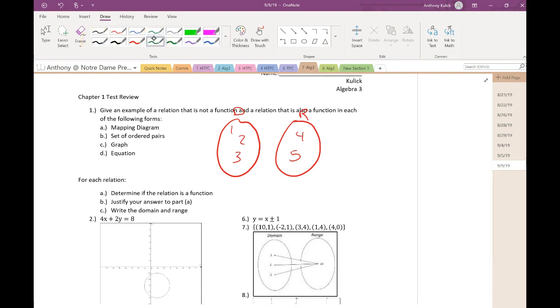Okay. And now, if I want this to be a function, what do I have to make sure happens? So every x has an arrow coming from it, and it only goes to one y. So 1 can go only to 4, 2 can only go to 4, 3 can only go to 5. That's a function.